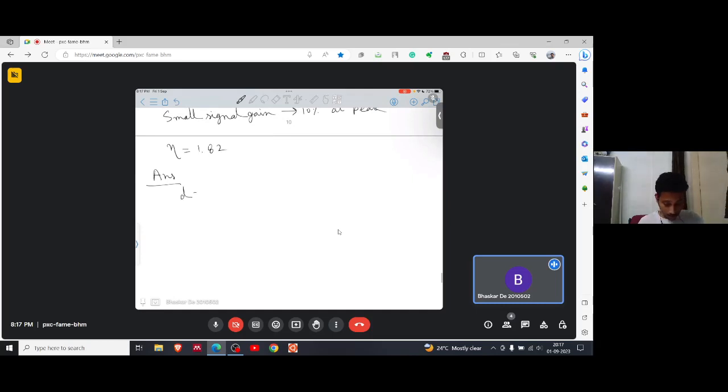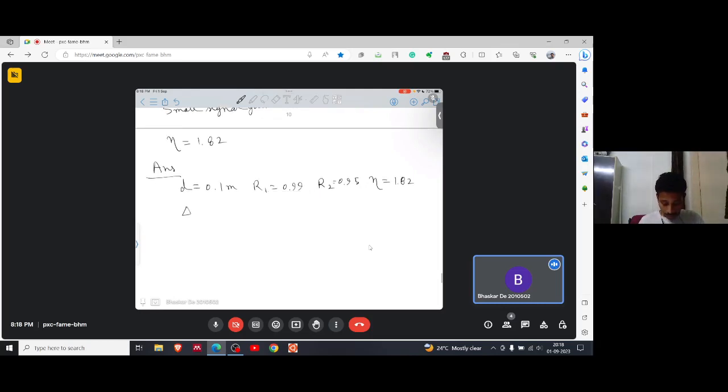Okay, so the important values are given. I will just write down. The D is 0.1 meter, R1 is 0.99, R2 is 0.95, eta is 1.82. So delta nu equal to C by 2 eta D. So this is the spacing of modes.